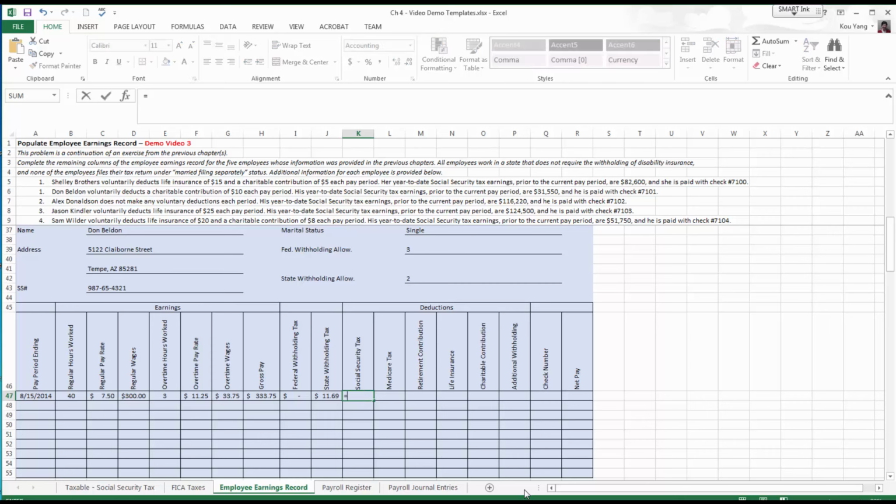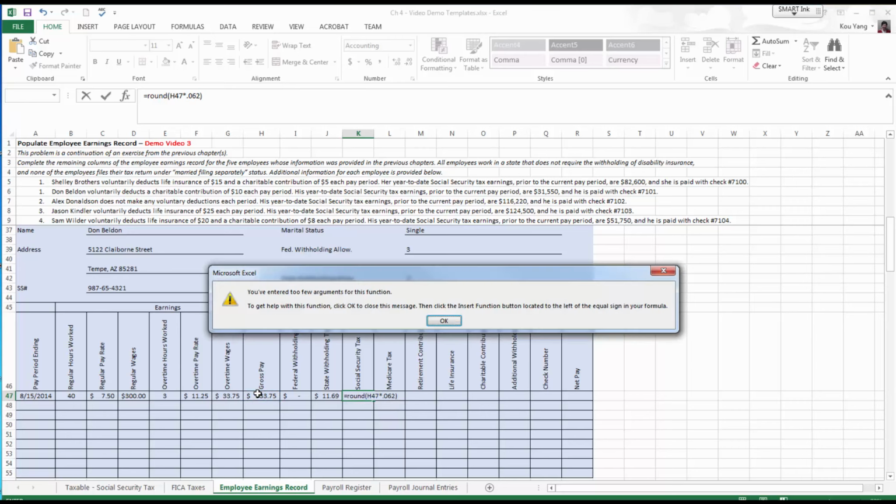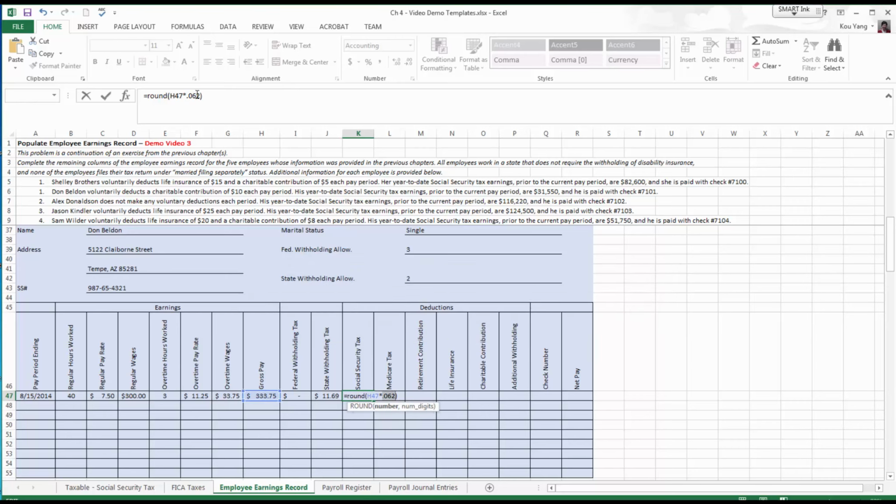So with that, I'm going to take his gross earnings, and you would have to do this first: take that minus the additional withholdings of $100, times the 6.2%.